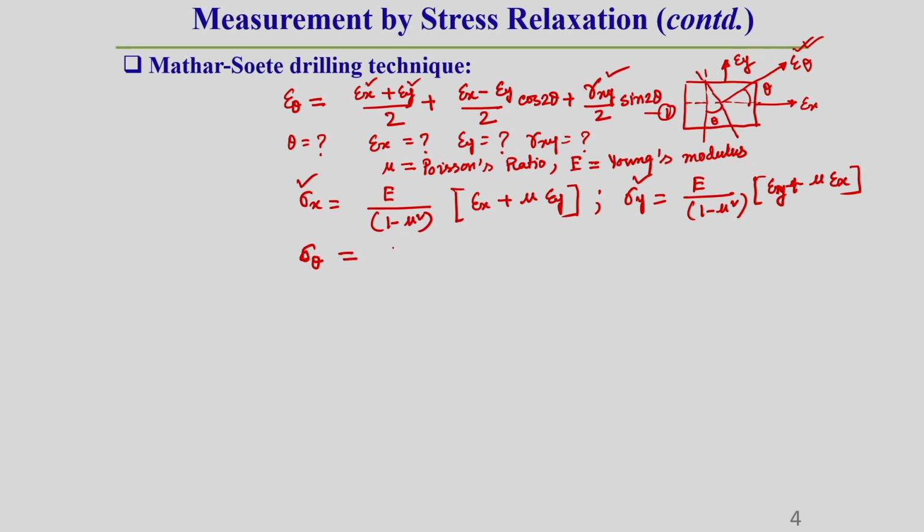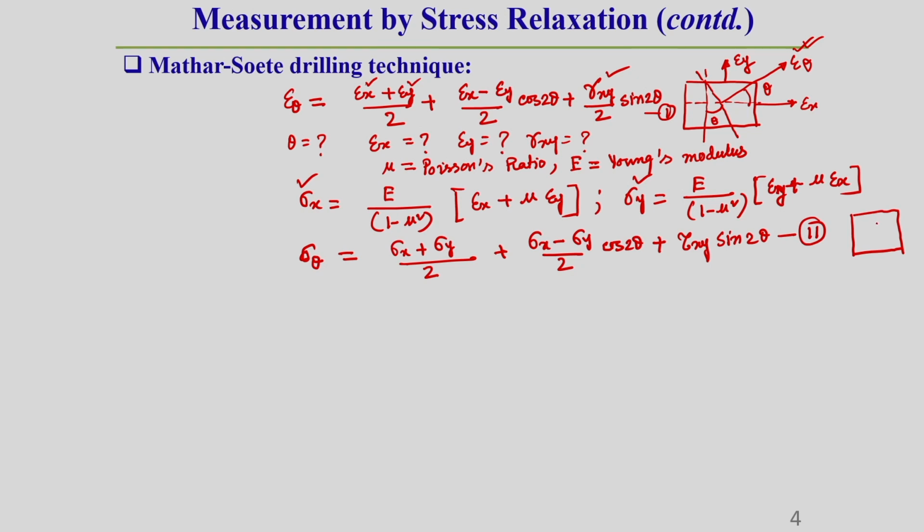Sigma theta will be sigma x plus sigma y divided by 2 plus sigma x minus sigma y by 2 cos 2 theta plus shear stress tau xy sin 2 theta, correct. Let this be equation 2. So, this is the stress distribution at any angle of inclination.